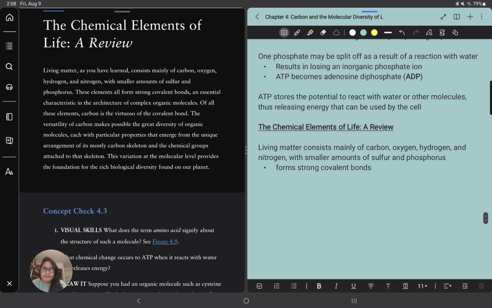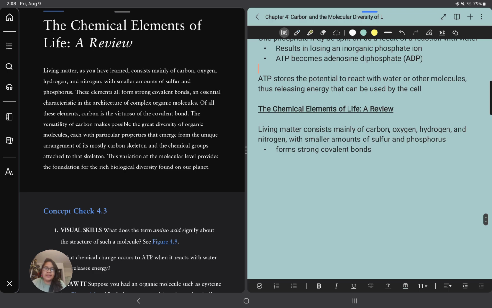So, the chemical elements of life, a review. Living matter consists mainly of carbon, oxygen, hydrogen, and nitrogen, with smaller amounts of sulfur and phosphorus. They form strong covalent bonds.